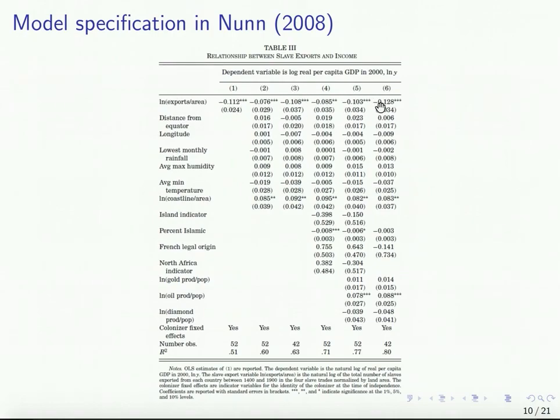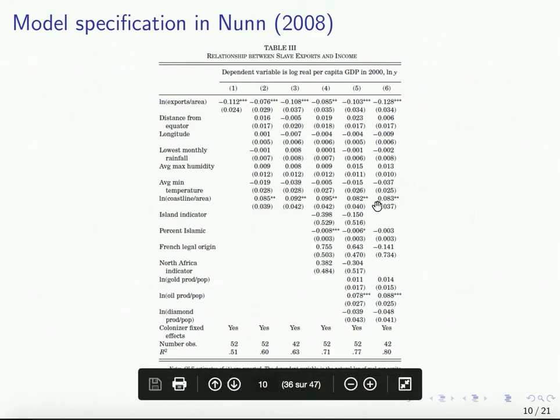Why is it nice here? Well, it's pretty stable across specifications. That means that even if you list all the omitted variable bias you can think of, include them in your regression, you still get pretty much the same results across specifications.